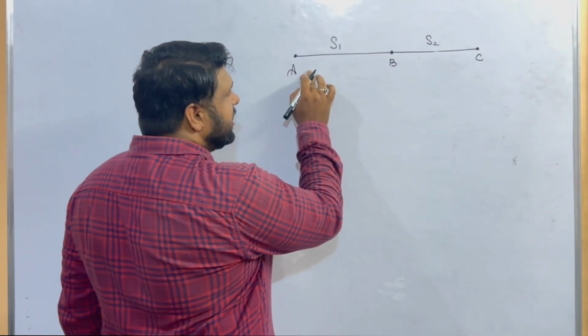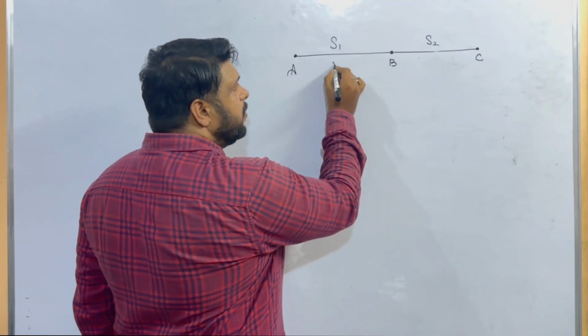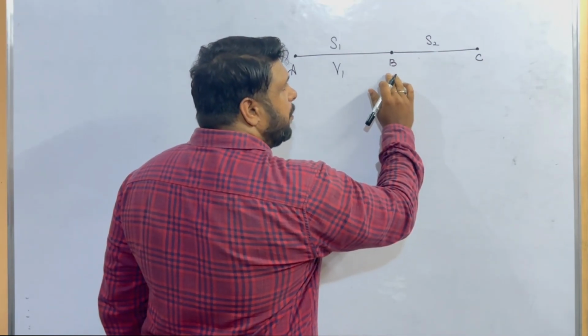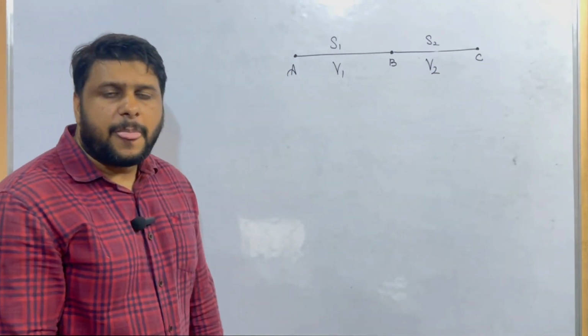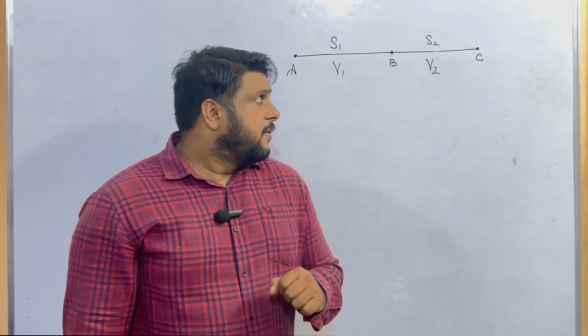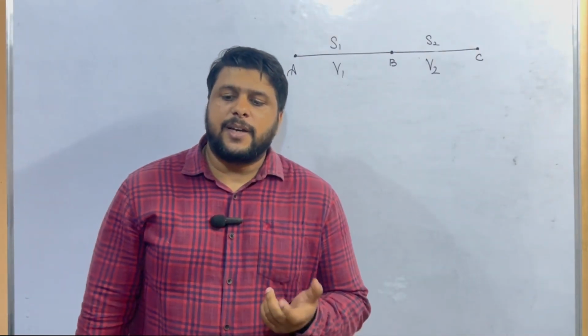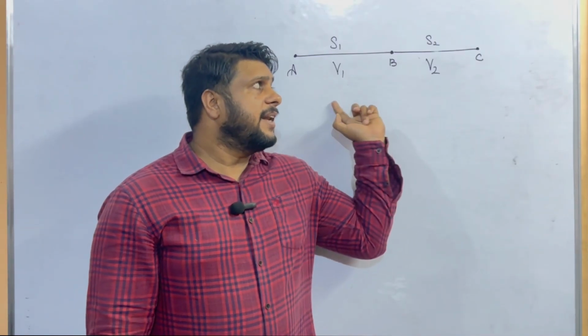Let's say moving from point A to B it moved at velocity V1, and from B to C it moved at velocity V2. Now they ask you to calculate V average. How will we calculate it? Here we first have to find V1, T1 and T2.